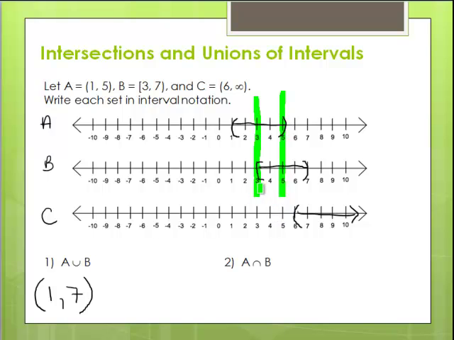Do they both share a 3? Yes and yes. So 3 will be included. Do they both share a 5? Well, this one has a 5, but this one does not. Since they don't share it, we don't include it.